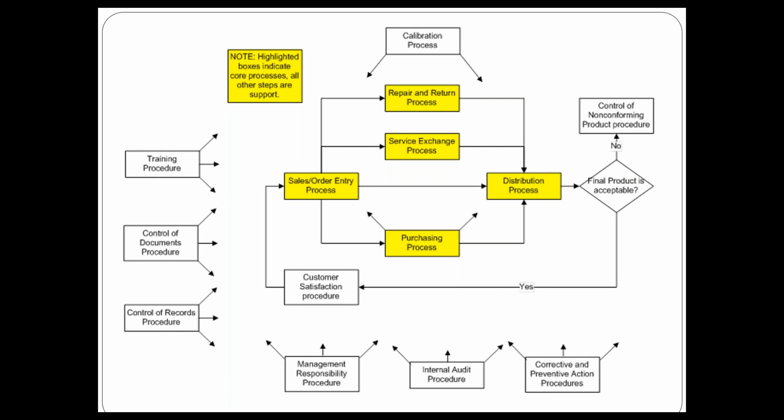And what this organization has done is they've indicated that we have core processes that are highlighted in yellow, and anything that isn't highlighted is support. So in this instance, we have 5 core processes and support processes. This is also an acceptable way of flagging your processes and organizing them.